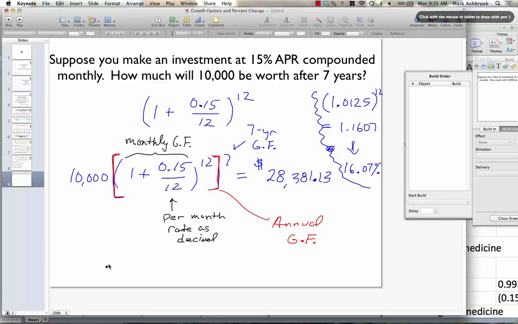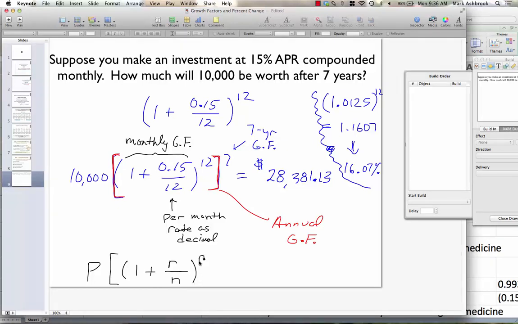Okay, so the formula is then, this is called the principal. R is like the APR. It's the annual rate. N is the number of times you compound per year.